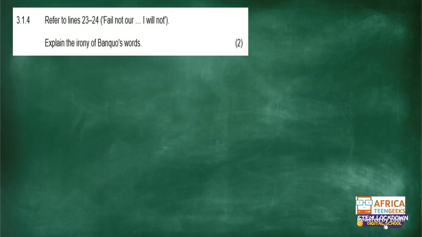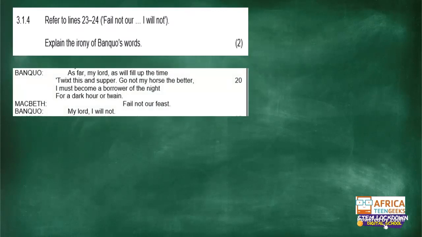Here they say refer to lines 23 to 24. Explain the irony of Banquo's words. Okay, there we go. So here, what is happening is that Banquo is a character from the Macbeth play. This is a dialogue between Banquo and Macbeth. Macbeth is just reminding Banquo to not forget about the feast or the banquet that they will be having.